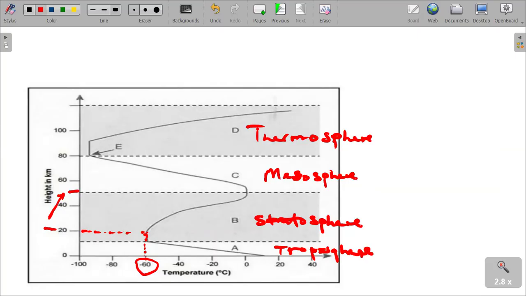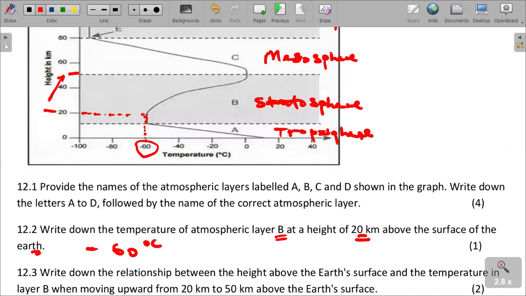We can see that the temperature increases with increase in height. So from 20 to 50, temperature increases with an increase in height.